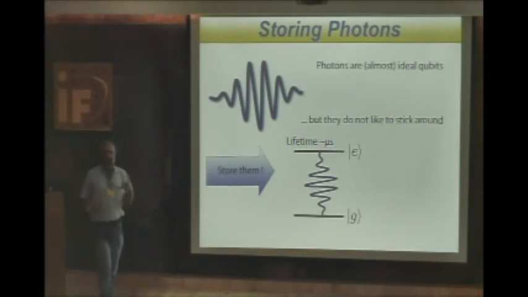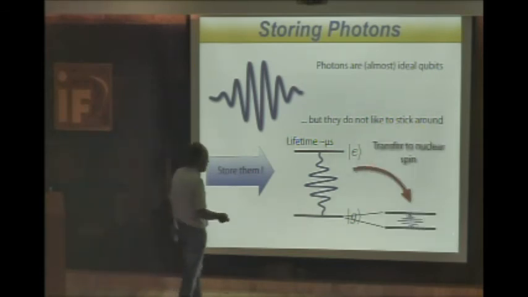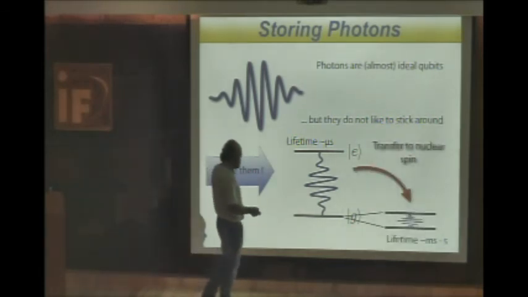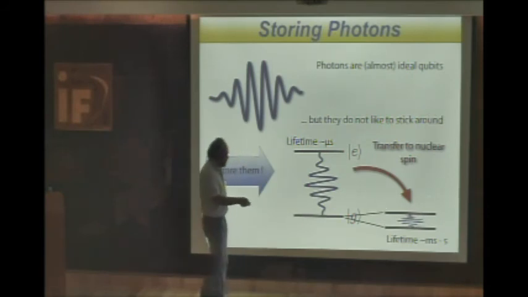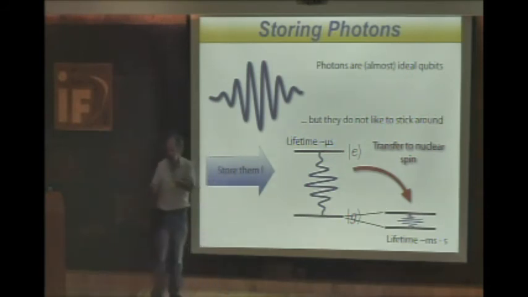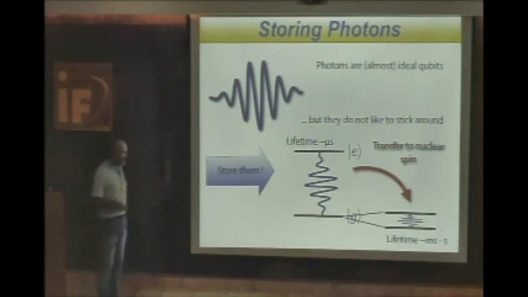Now, electronic excitations tend to decay relatively quickly, and so one possibility to store them for a longer time is to transfer the electronic excitation into a coherence of a nuclear spin. We do that with rare earth ions, which have a non-vanishing nuclear spin.